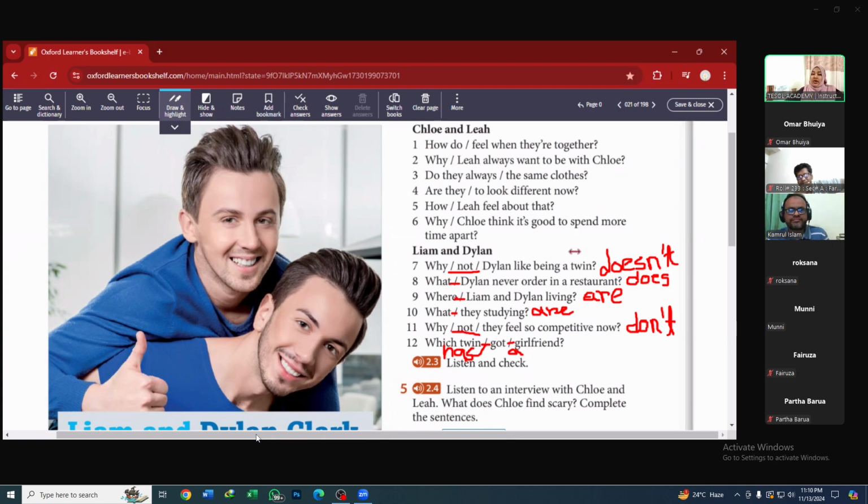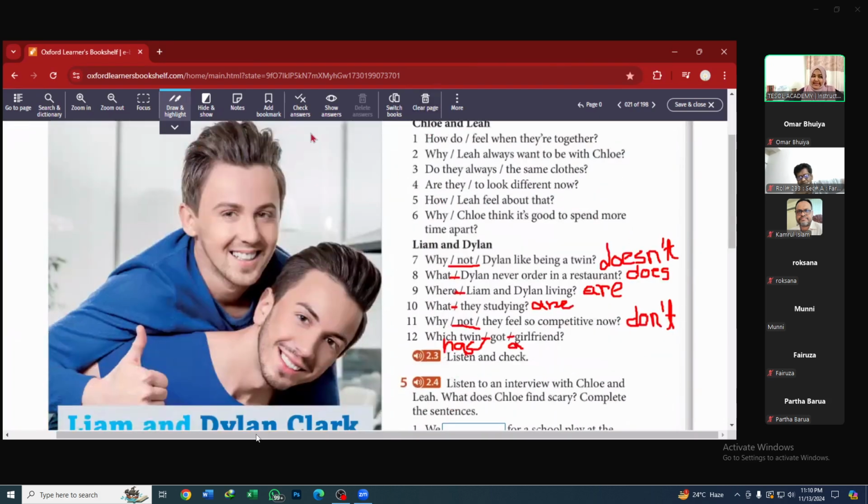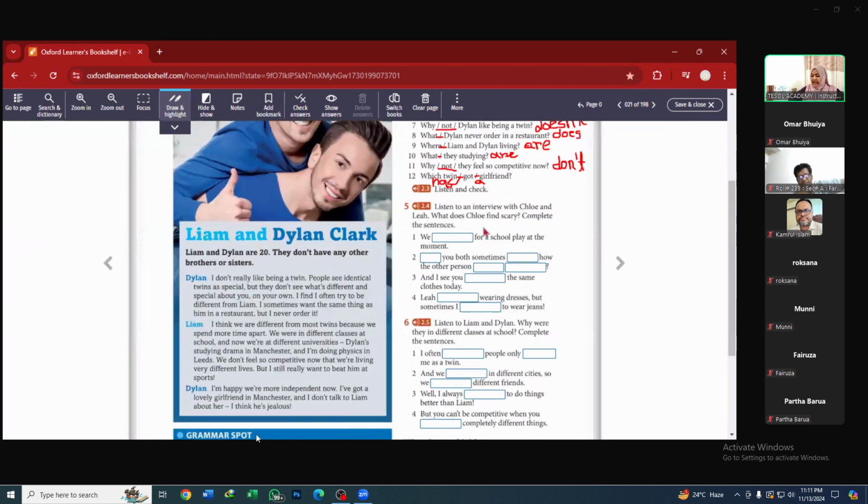So that was all about today's lesson. So we got to know about two twins. One moment, I'll zoom out. We got to know about two pairs of twins, and we saw that both of the twins have different personalities and different points of view. One pair wants to stay together and they're very close.